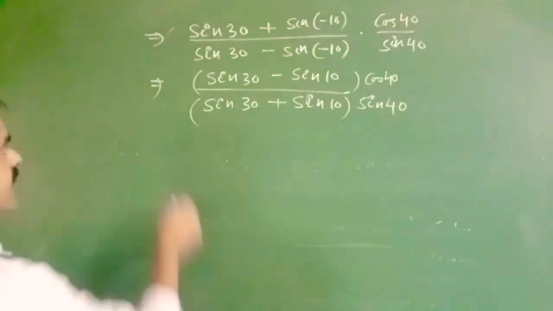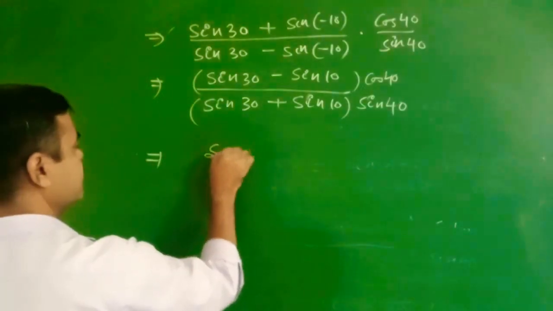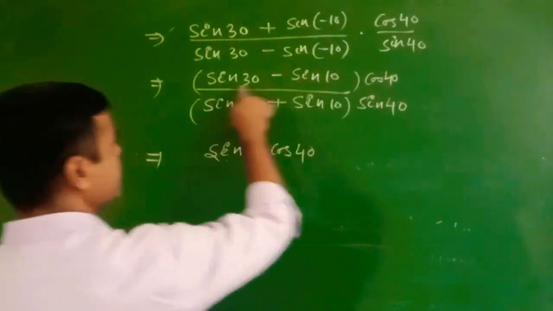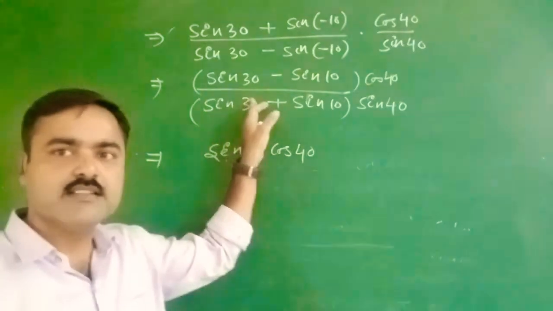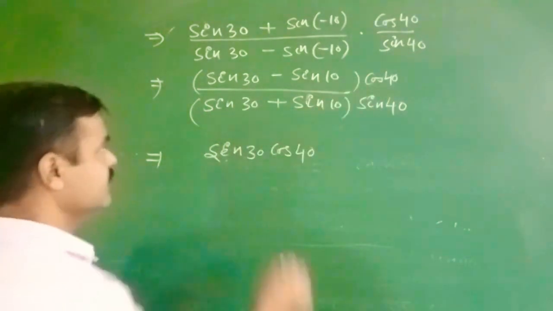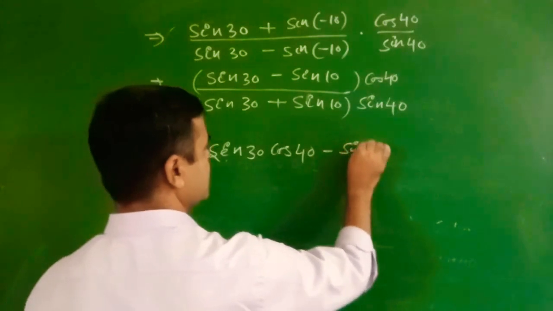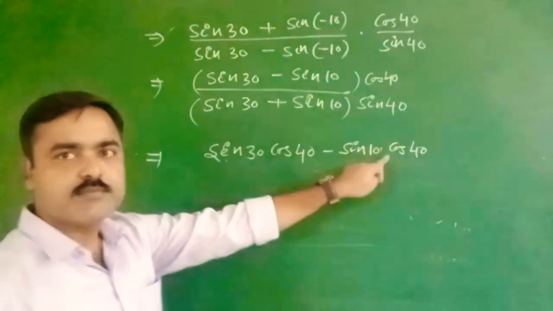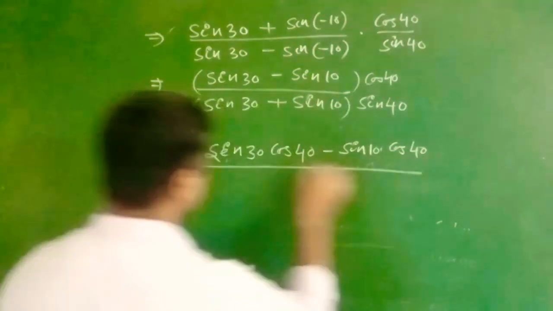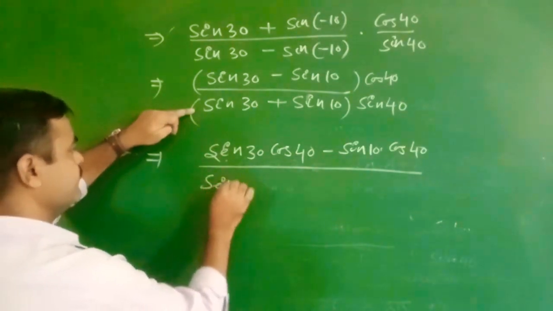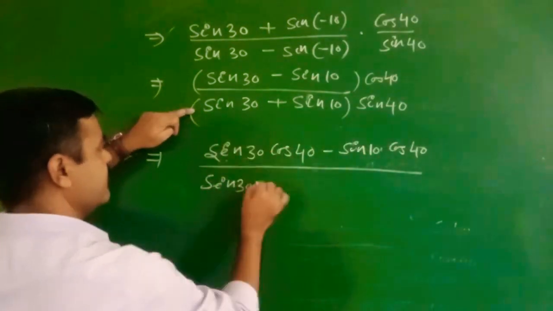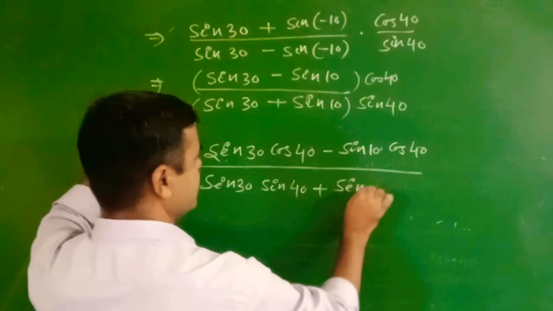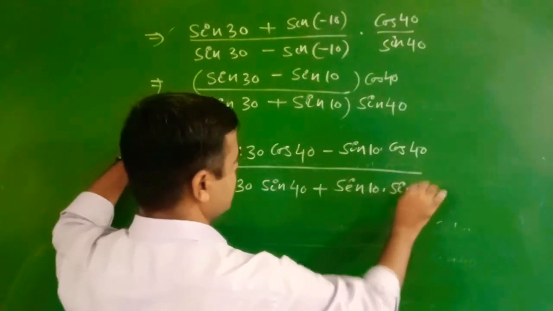Now come to multiply here. If you will multiply here, see sin 30 cos 40 minus sin 10 cos 40, divided by sin 30 sin 40 plus sin 10 sin 40.